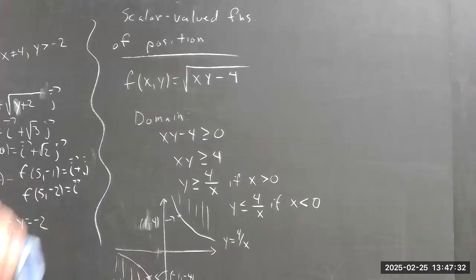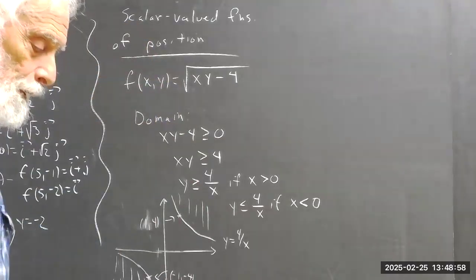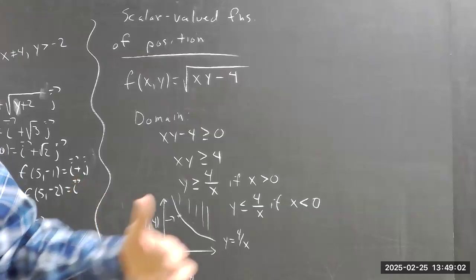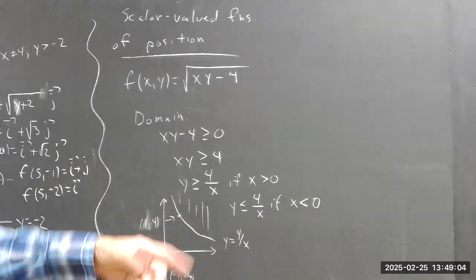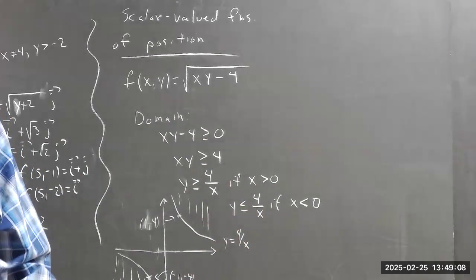Okay, so we've got a question, and it deserves a little more articulate explanation. The question was, before, we parameterize x and y, so we get a curve. Well, yeah, if you parameterize x and y in terms of t, you do get a curve.